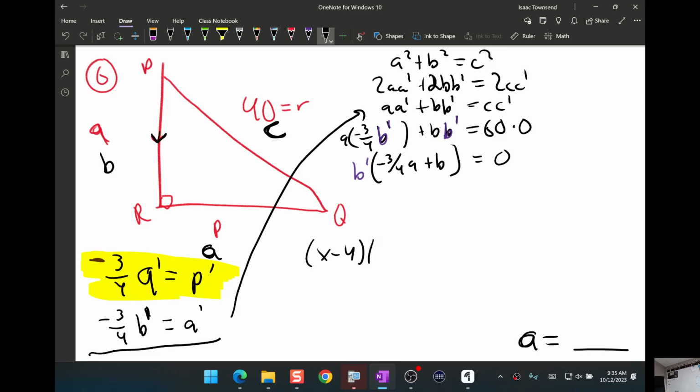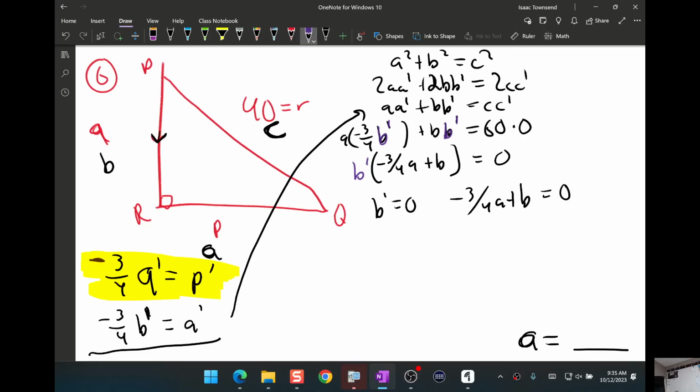But you know, when you do stuff like this in algebra, if this times this equals 0, either this could equal 0 or this could equal 0, right? You've done that hundreds of times. Well, same thing with this. I've got something times something equals 0. So I can set B prime equal to 0, and I can set this equal to 0.